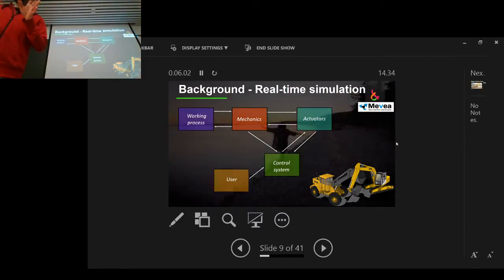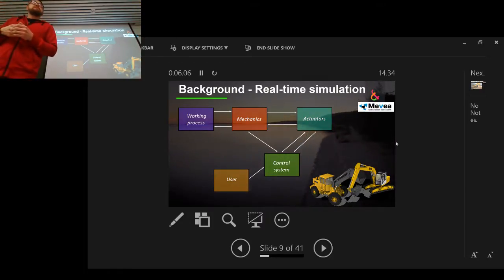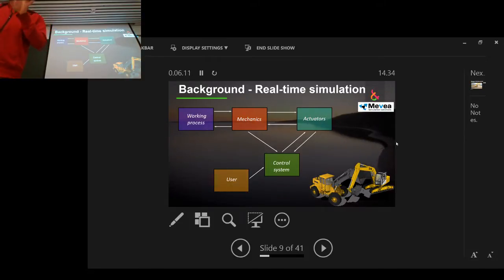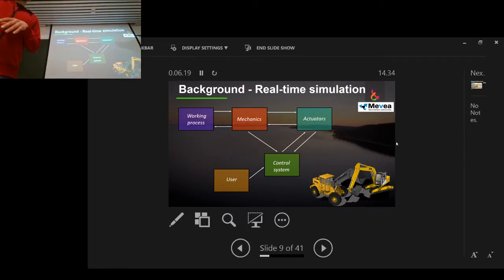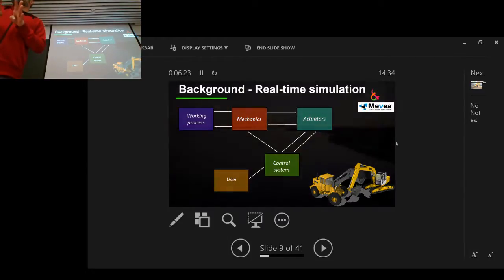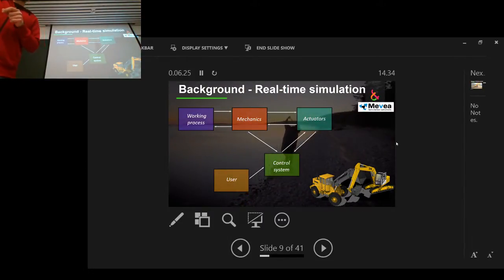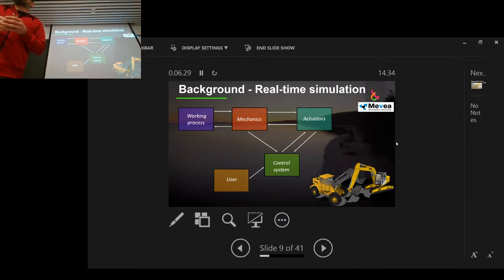And not just running a little bit faster than real time, but we can run things say 1,000 times faster than real time. And then we can have different motion scenarios, say tens of different motion scenarios, and each one of them is projected into the future. And we can see what happens, and then with the help of artificial intelligence, we can select the most desirable. So we believe that this is machine awareness.